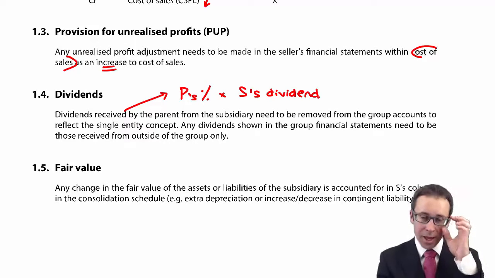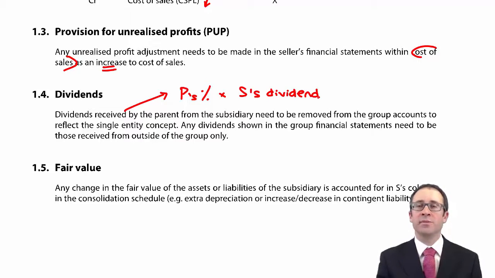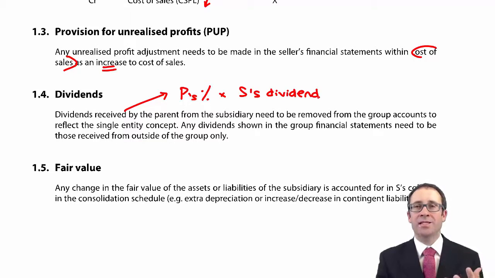And then right at the bottom, I suppose that's new. Save the best till last. In the earlier examples that you saw in the statement of financial position, you saw us make that adjustment for depreciation, didn't we? For however many years since the date of acquisition, because in the SFP it is cumulative.